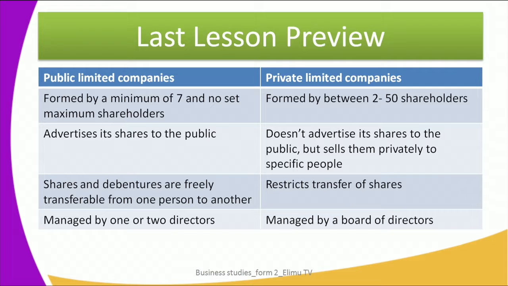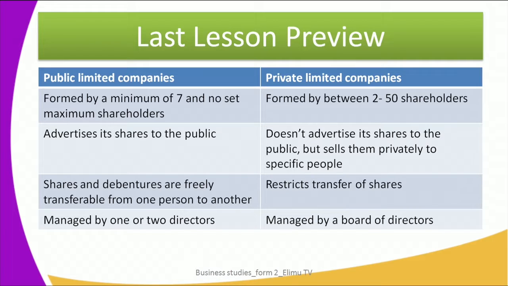So anyone is free to go and buy shares from a public limited company. On the other hand, a private limited company does not advertise its shares to the public. Instead, they sell them privately to specific people. So not anyone can go and buy shares from them. Instead, their shares are sold to specific private people.